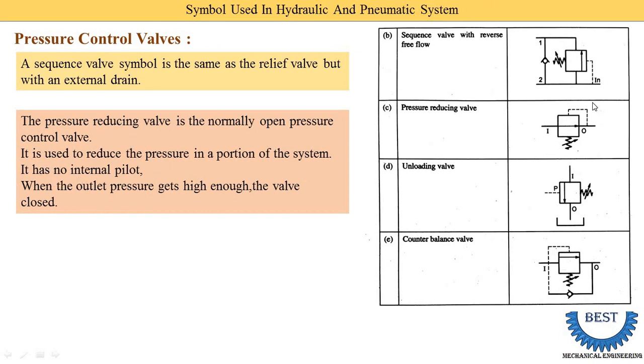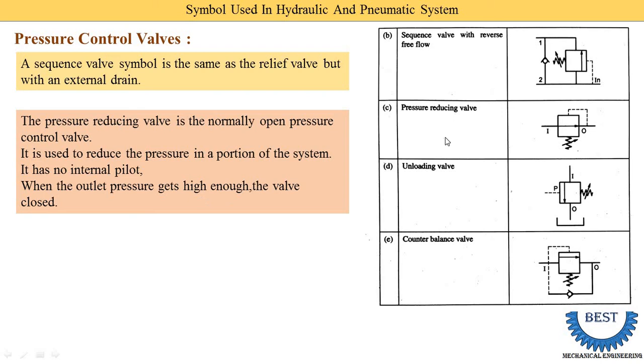But here you see this is a dash line. This dash line indicates the external port. So oil or air is taken from this pressure reducing valve and it is supplied to the output. When we supply to this output, it is called the external drain is provided. When the outlet pressure gets high enough, then the valve is closed. So when the outlet pressure is achieved constant, at that time the valve is closed.